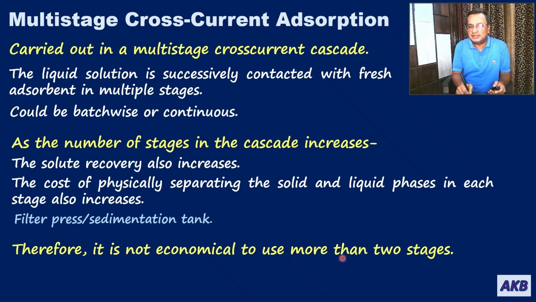And what is the reason for that? The reason is, if you use more than 2 stages, the cost of physically separating the solid and liquid phases is going to increase. So in my discussion, I have considered a typical 2-stage cross-current operation. Let us continue the discussion.